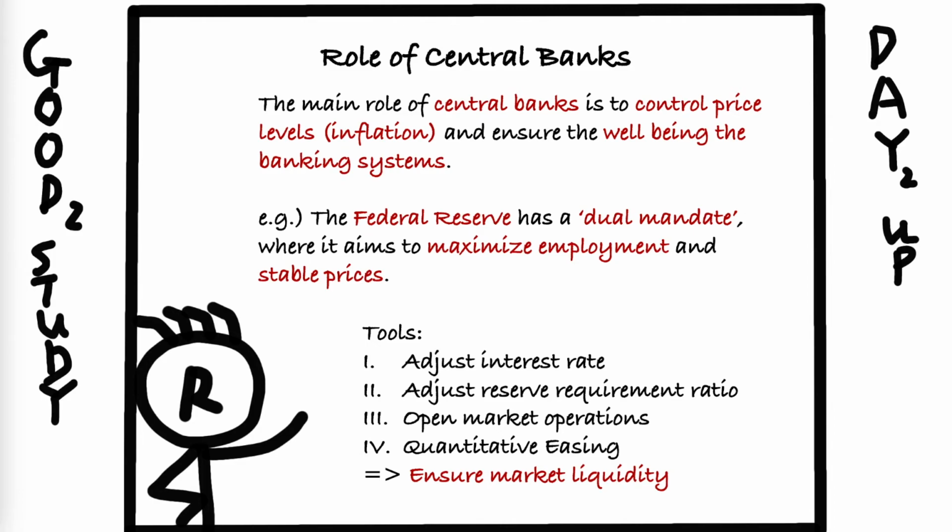Central banks have multiple tools to help them achieve their goals. It includes cutting or hiking interest rates, adjusting banks' reserve requirement ratio, open market operations, and quantitative easing.